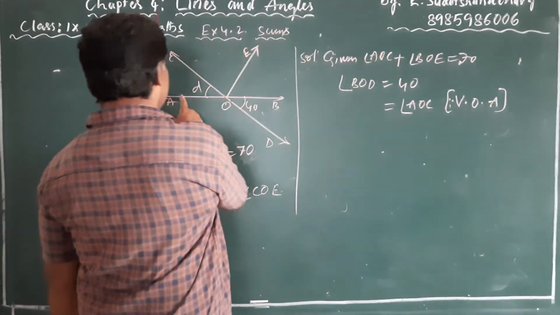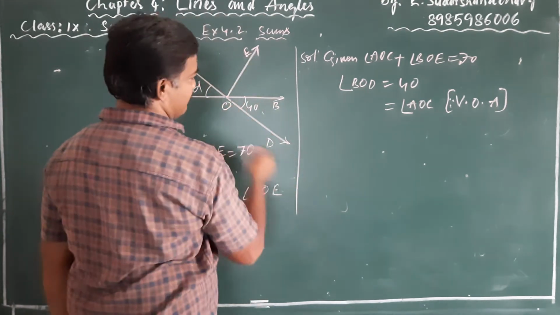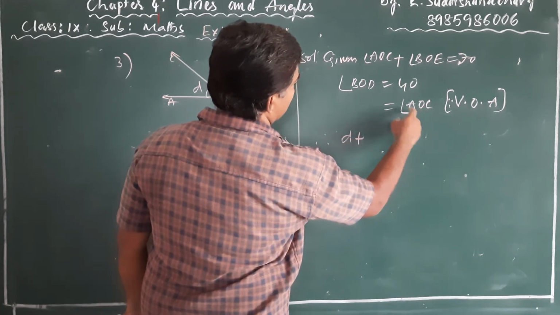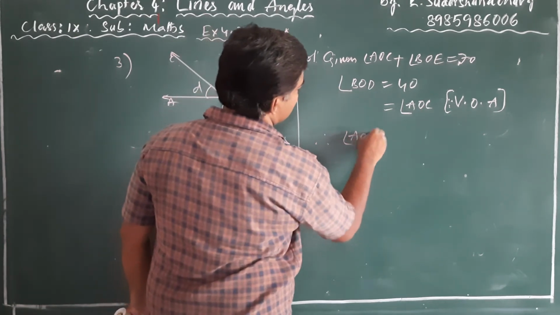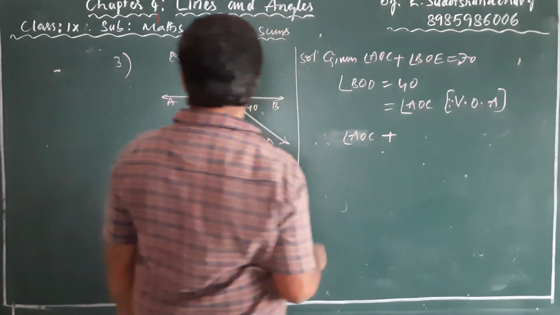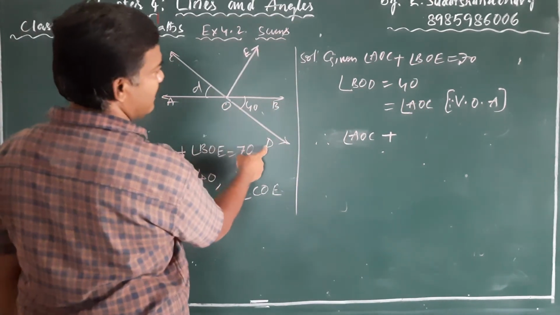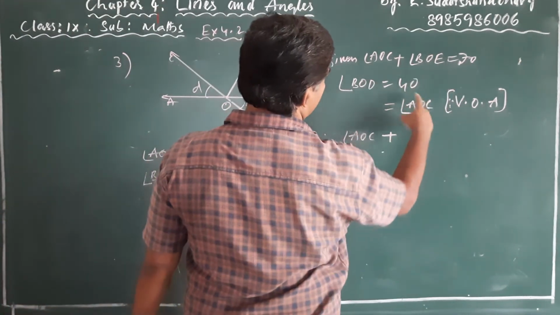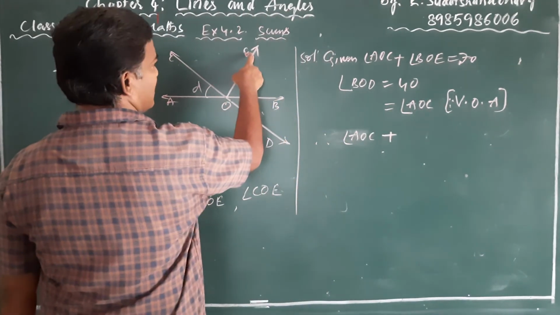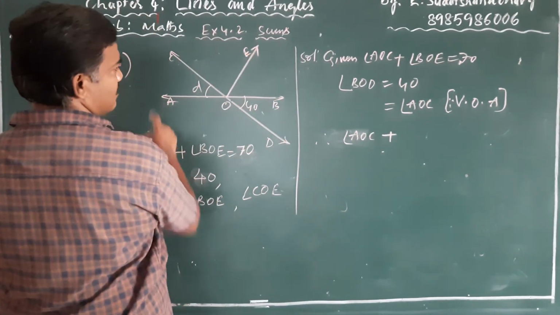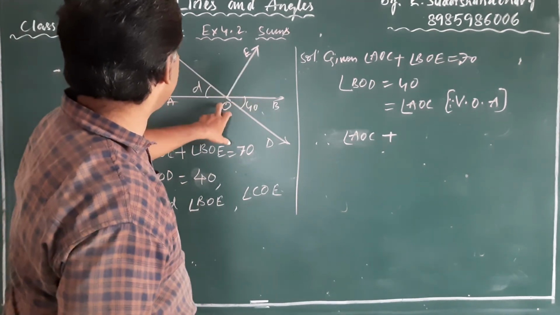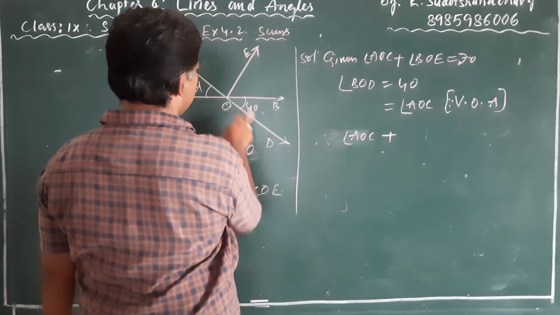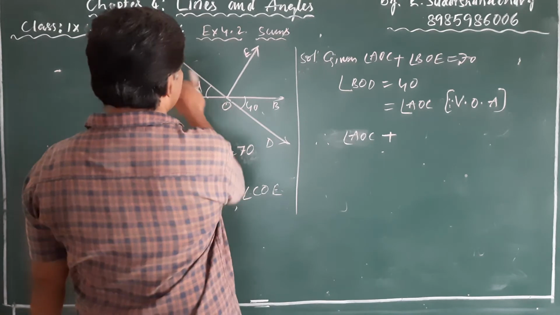Now substitute here: BOD is equal to AOC, so AOC is 40 degrees.